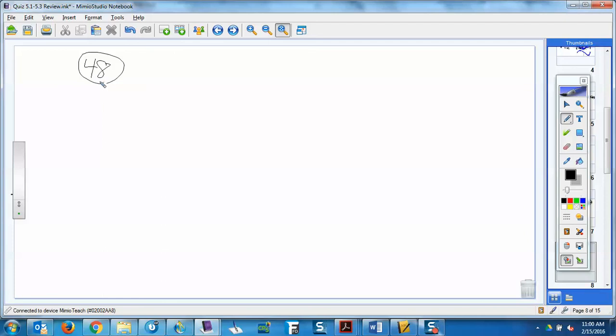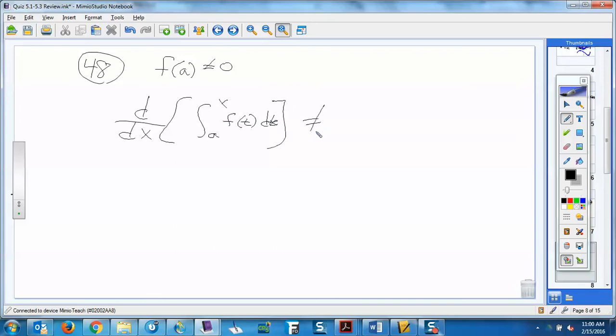Okay, so 48 says, show that if little f of a does not equal 0, then the derivative of the integral of a to x of little f of t dt is not equal to the integral from a to x, and then in here, the derivative with respect to t of f of t dt. So show that this is not equal to this.